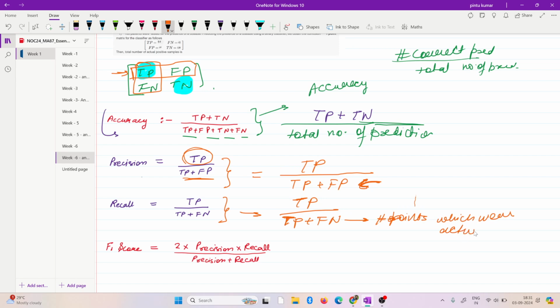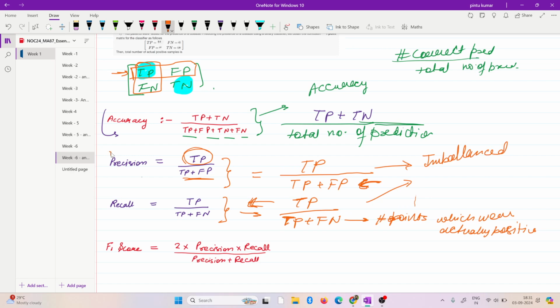So out of the total positive points, how many of them were you able to recover? That is given by recall. Okay. So now these two are special metrics which are very useful for your imbalanced data set.